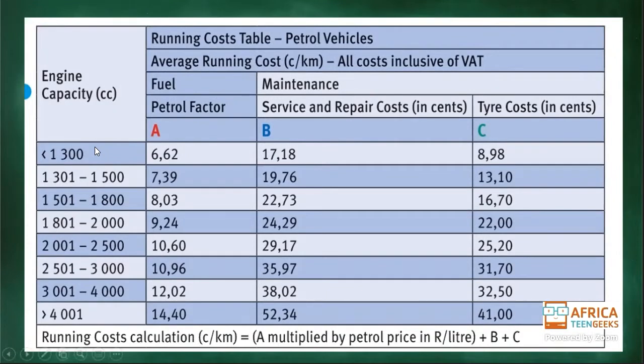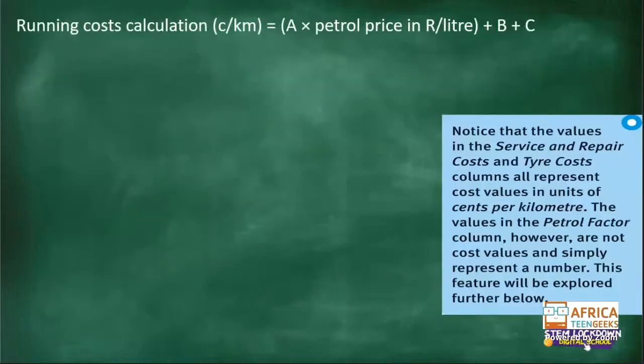Say your vehicle has an engine capacity of 1.3, that is 1,300. We take this factor, which is 6.62, and multiply that by the cost of petrol per liter. That is A, the fuel factor. We multiply the fuel factor by the petrol price, which is in rands per liter, and then we add B. And what is B?